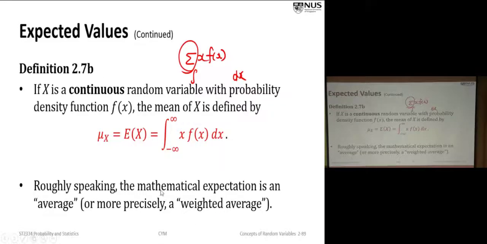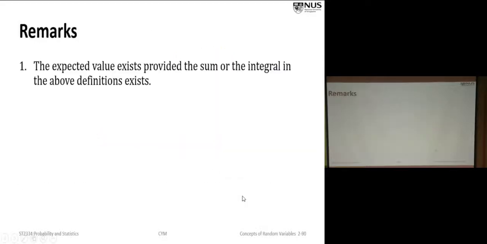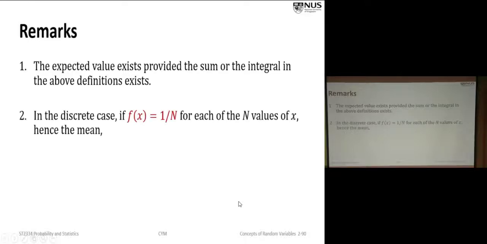So just remember, expectation is the average, but more precisely it is the weighted average. Weighted by what? Weighted by the probability function or weighted by the probability density. Of course, the expected value exists provided that the sum or the integral exists.